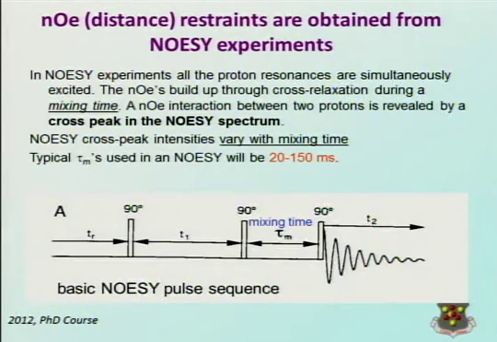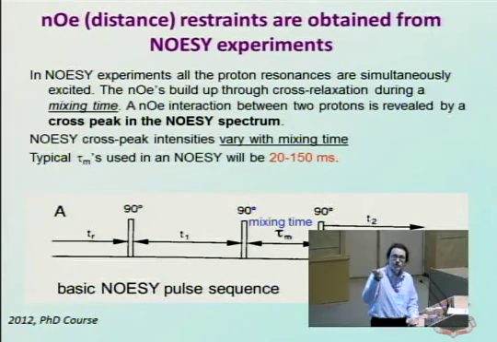So there's a specific experiment you run in NMR to measure these nuclear Overhauser enhancements, and it's a phenomenon whereby you excite the protons in your protein, and then you allow, during a so-called mixing time, an interaction to build between different protons through a mechanism that is called cross-relaxation.